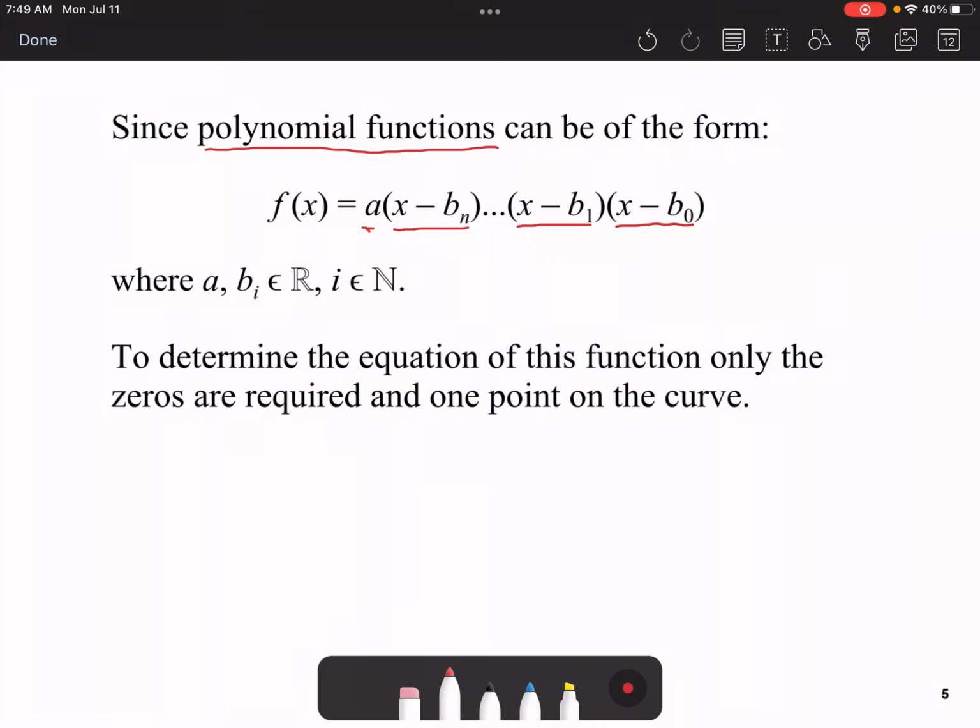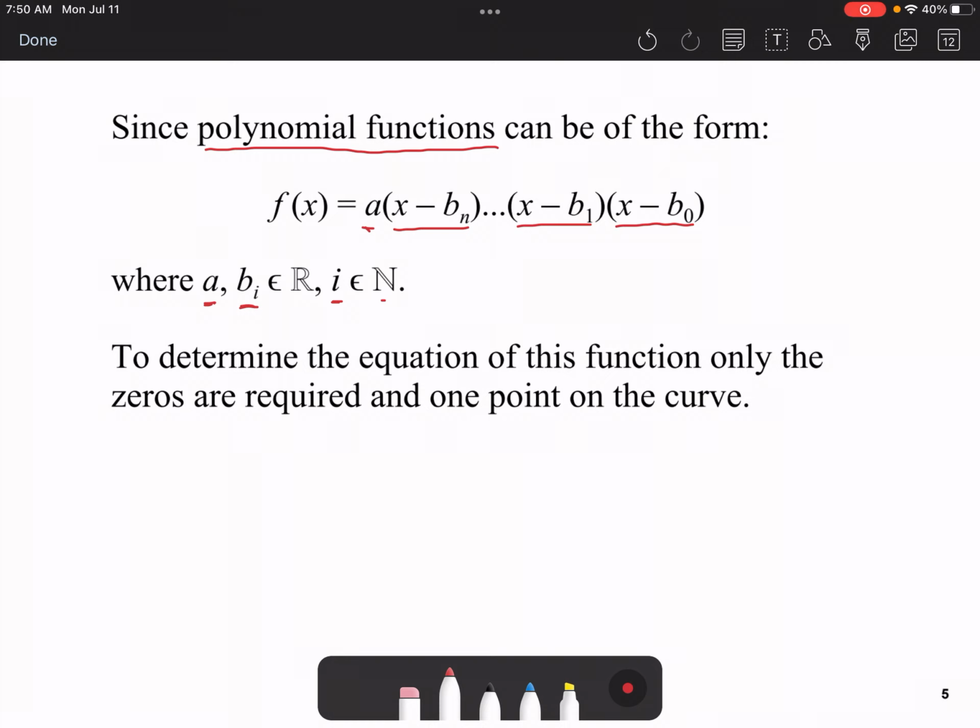That's one of the ways that you can write a polynomial function. We also saw it can be written in standard form in our first section. Please realize the numbers a and b subscript whatever value you have is a real number, and all your subscripts are natural numbers. In other words, numbers like 1, 2, 3, 4, 5, 6, so forth.